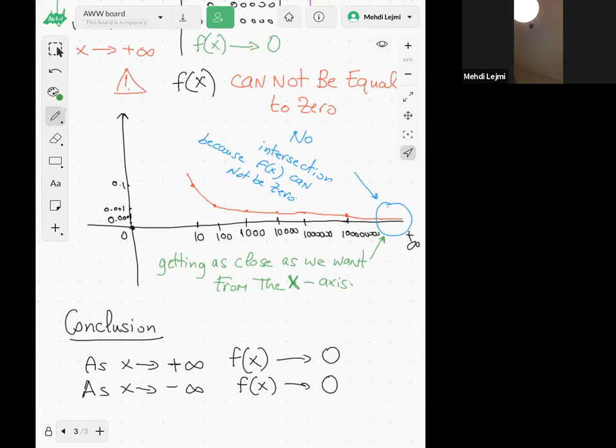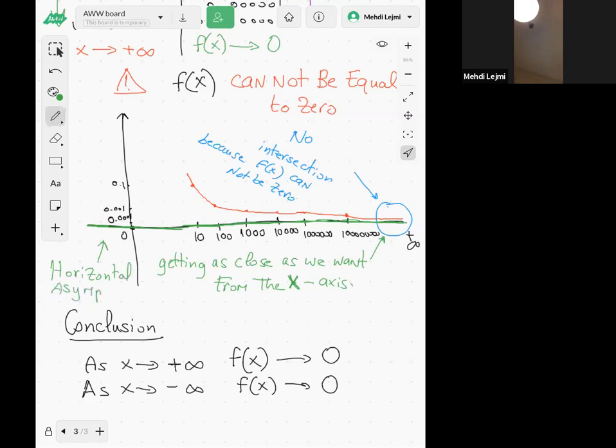The graph is as close as we want to the x-axis, but it doesn't touch the x-axis. So the x-axis in this case is called a horizontal asymptote. This is what I call a horizontal asymptote.